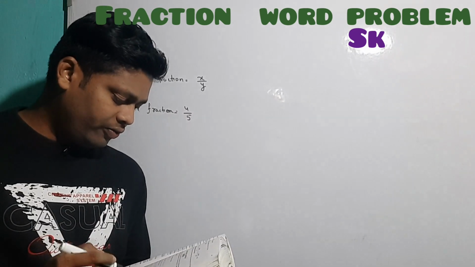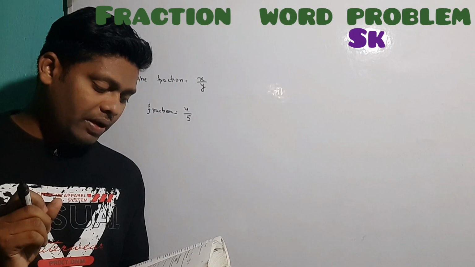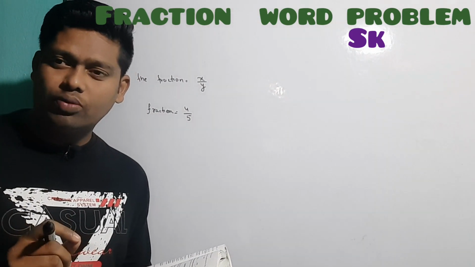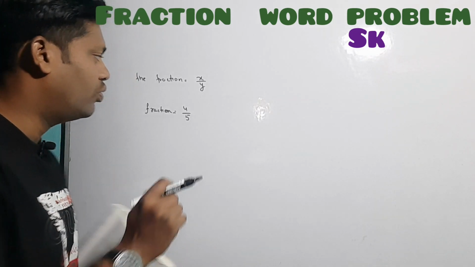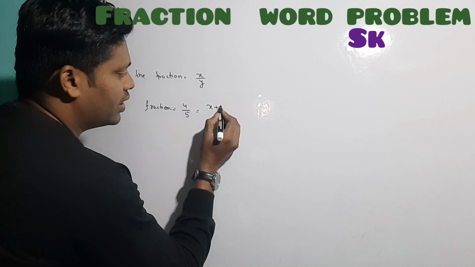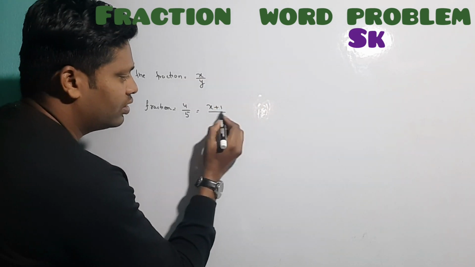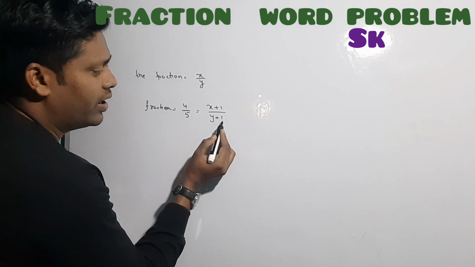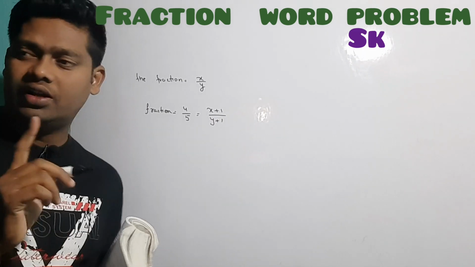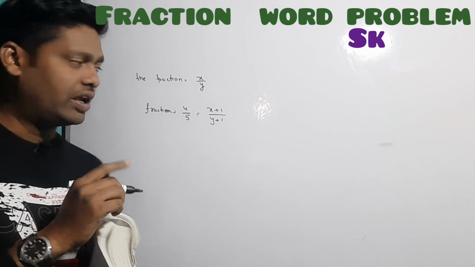Okay. Now they are saying when it is 4 by 5, if 1 is added to both the numerator and denominator. So what is numerator? X plus 1 added to numerator, y plus 1. If 1 is added to both the numerator and denominator, the fraction becomes 4 by 5. Clear this one? After that what you will do?